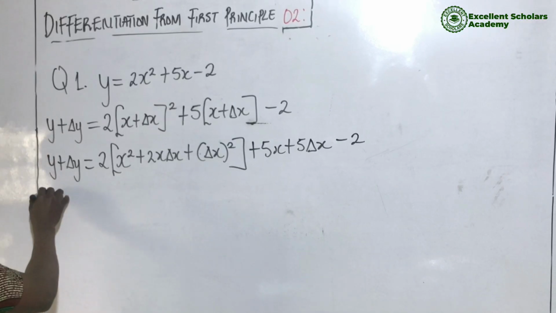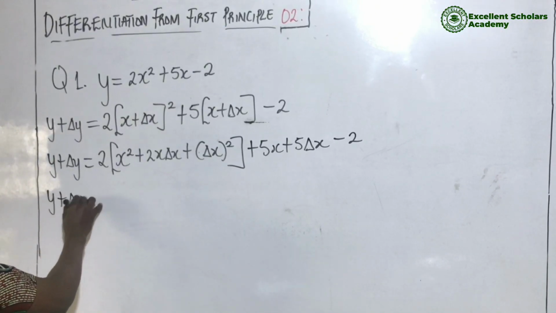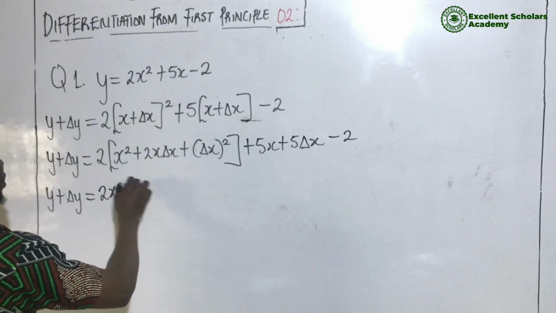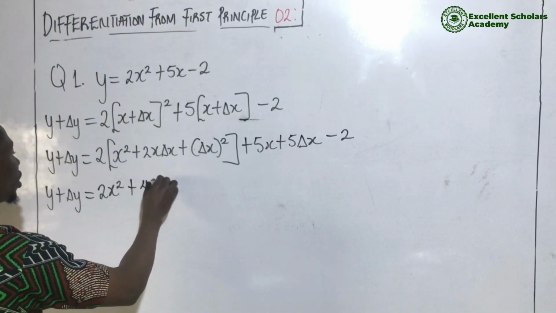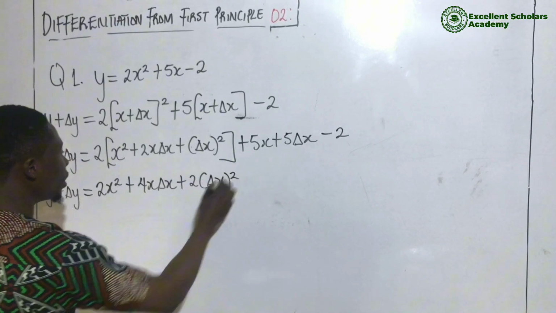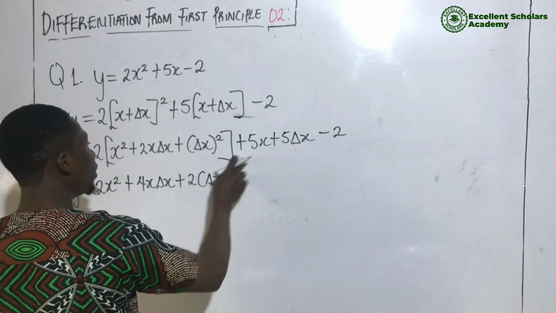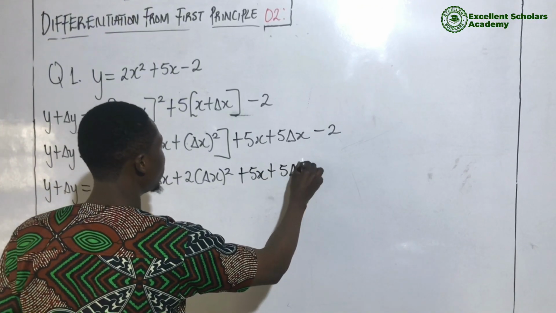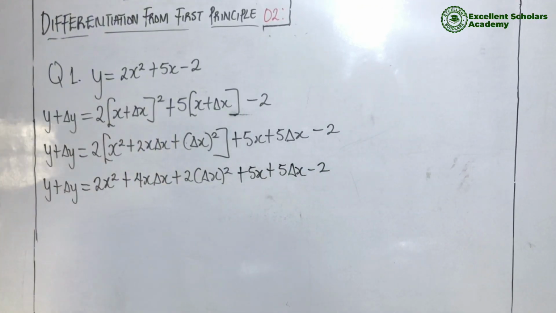So now it becomes y plus change in y equals 2x squared plus 4x change in x plus 2 (change in x) all squared, then plus 5x plus 5 change in x minus 2.